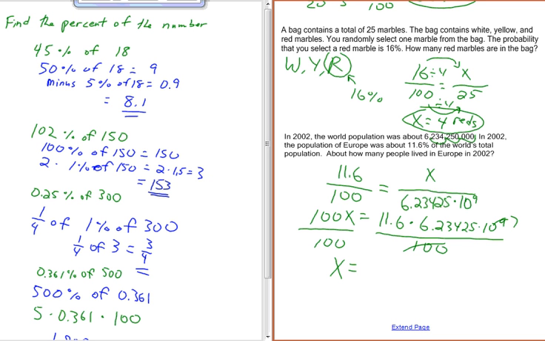With scientific notation, remember you're gonna use your E button, the blue button above the comma.